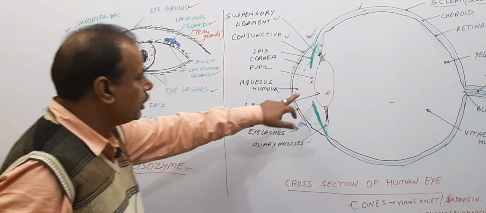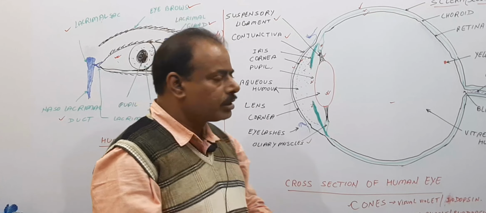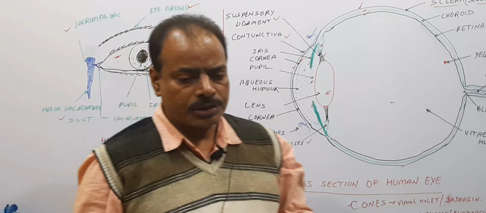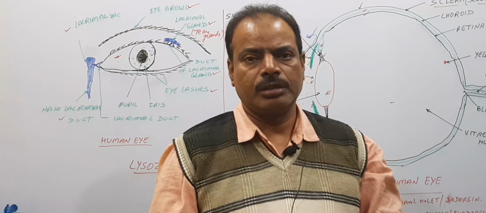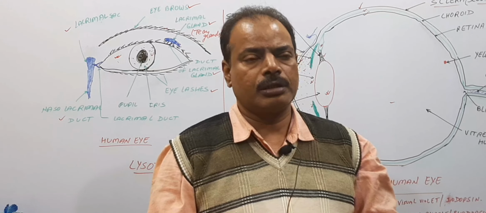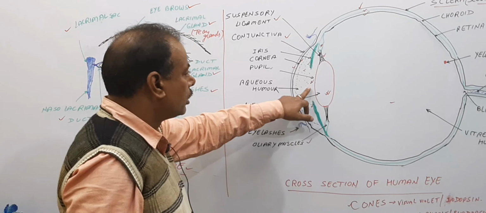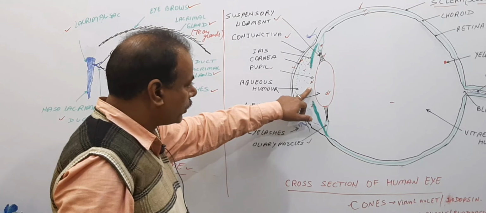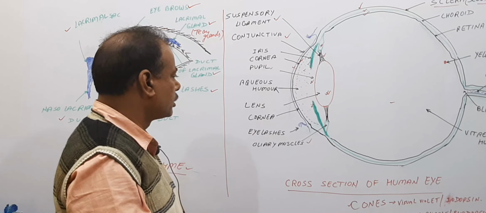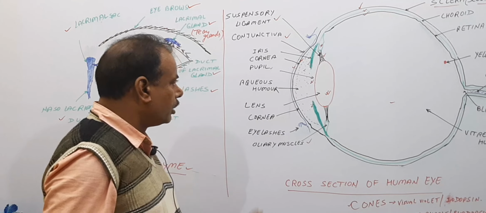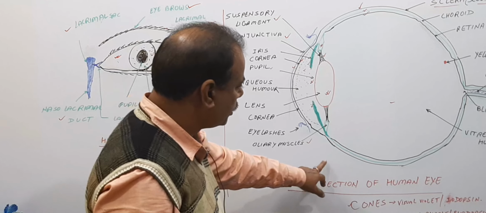And the pupil is the circular structure inside the iris, and it passes the rays towards the lens. So in this way, this is the cross section of the human eye.